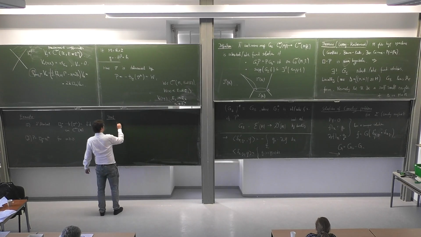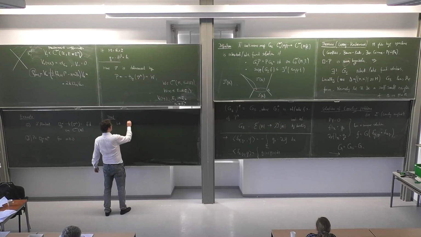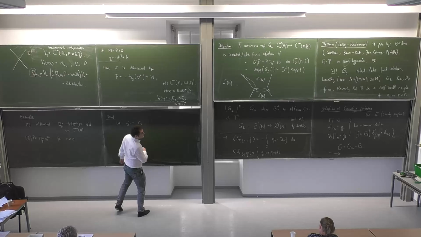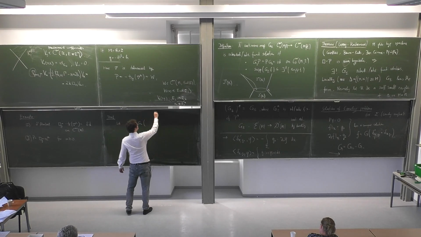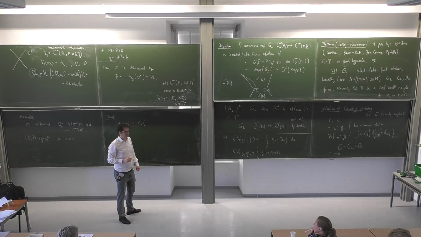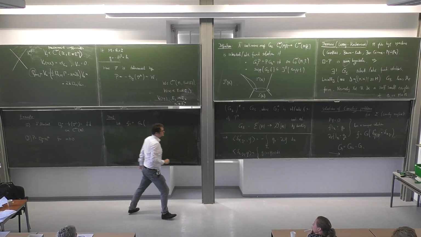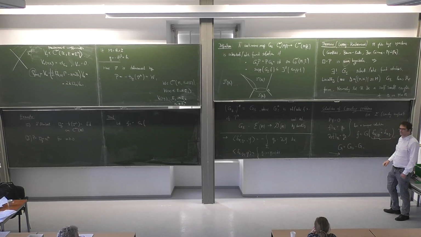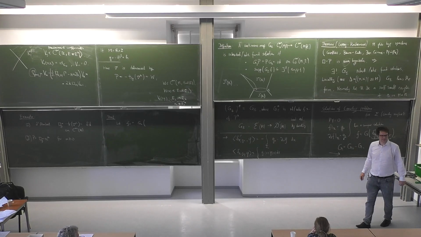So that F plus, so this is G plus, applied to this distribution here. Let's give this a name. Distribution D is really a bad name for a distribution.